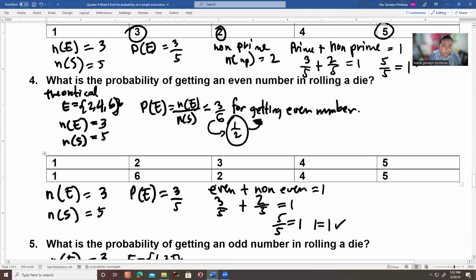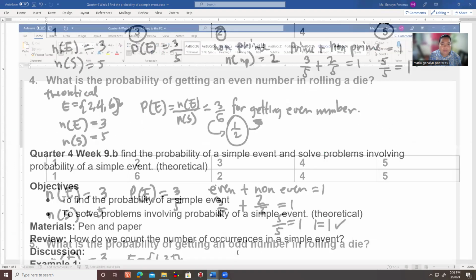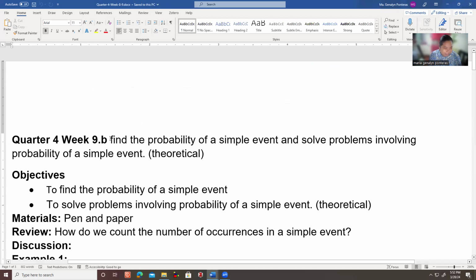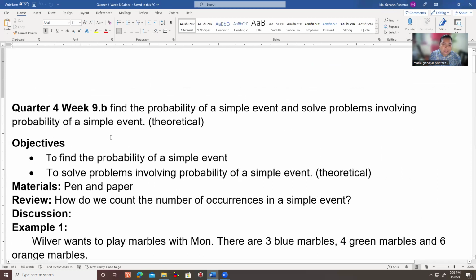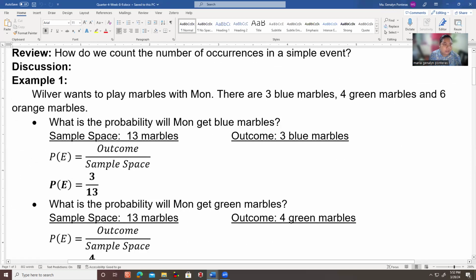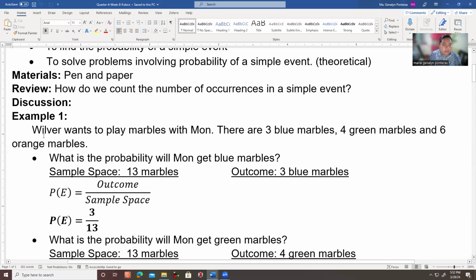Now, let's talk about simple problems that deal with probability. Okay, so let's have our first example. Wilbur wants to play marbles with Mon. There are 3 blue marbles, 4 green marbles, and 6 orange marbles.